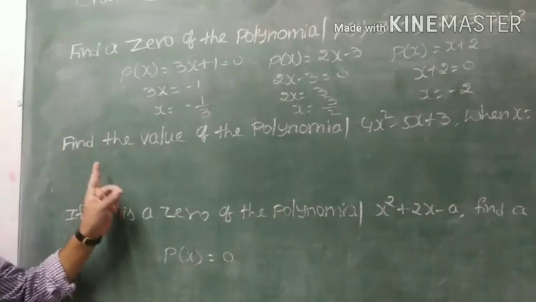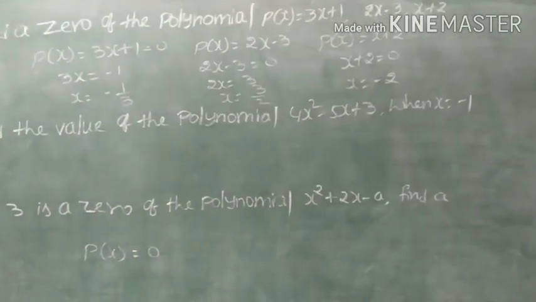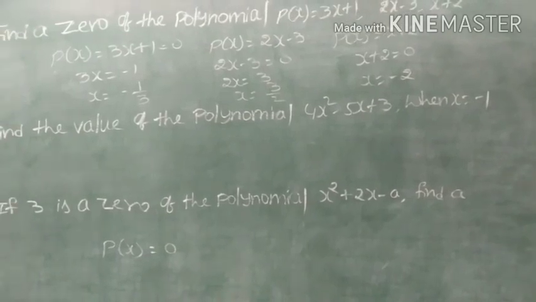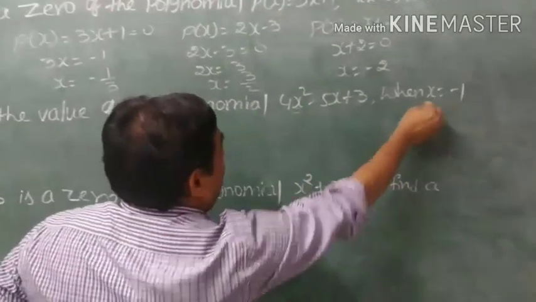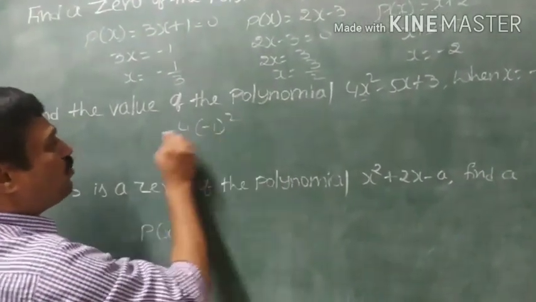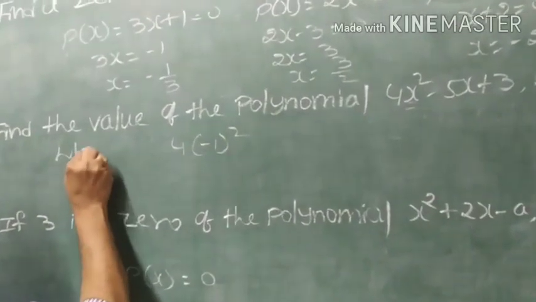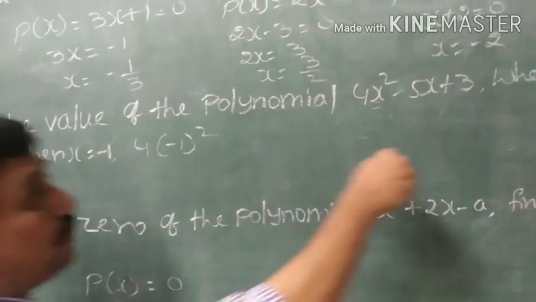Next, similarly, find the value of the polynomial 4x square minus 5x plus 3 when x equal to minus 1. That means in place of x, we have to substitute minus 1. That means 4 into (minus 1) square, when x equal to minus 1. This minus 1 they have already given in the problem itself.